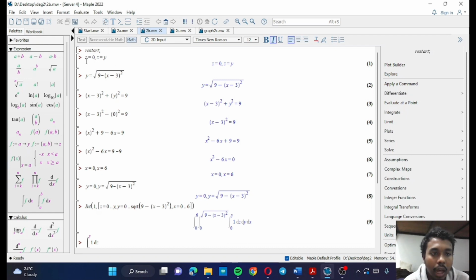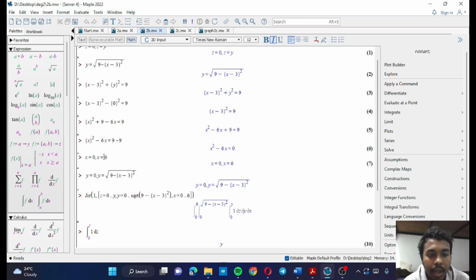Right, so for the coding, this is the lower limit and upper limit z, and this is the upper limit for y. And then I need to find the upper limit x. So when y equals 0, we get this final result, and then we use this equation, and we get the x lower limit and upper limit.